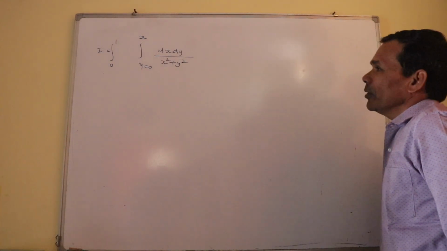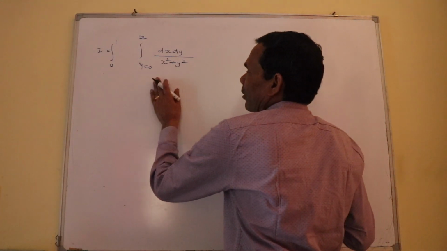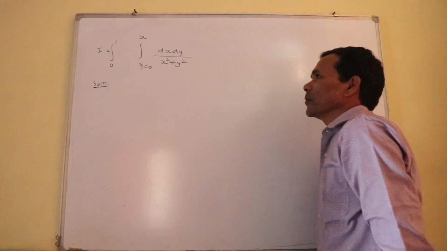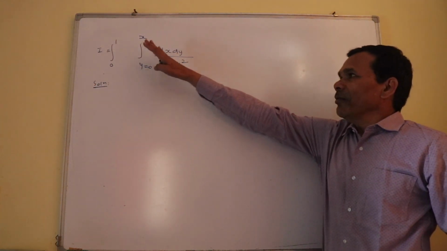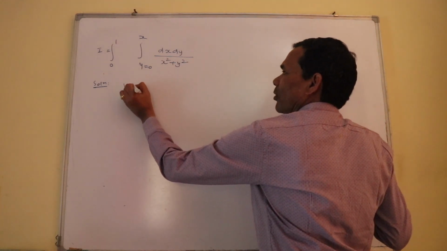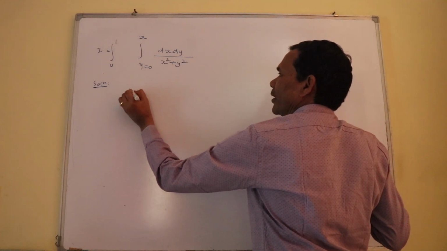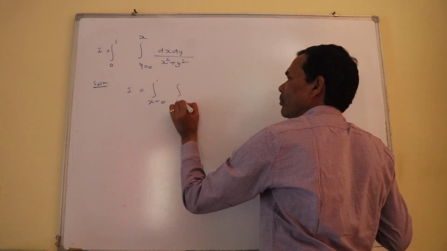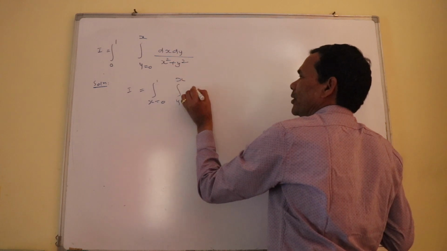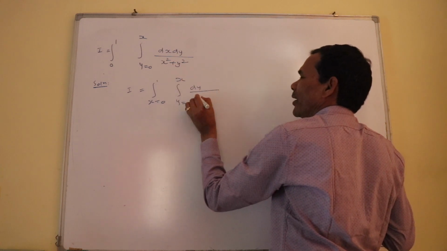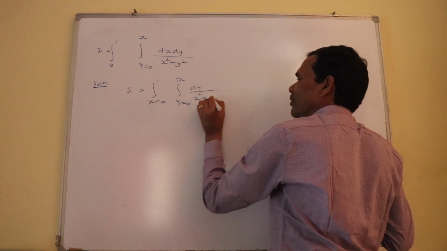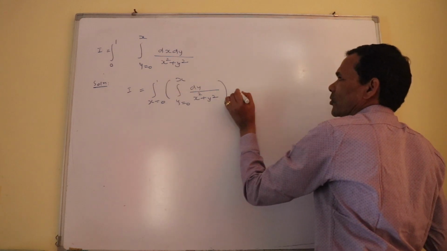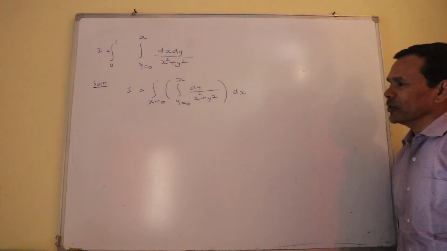Okay, so now here, solution, limits are: y having variable limits. Let I be equal to the integral, x from 0 to 1, y from 0 to x. With respect to y first, naturally, because y having variable limits, x square plus y square into dy, and then with respect to x.